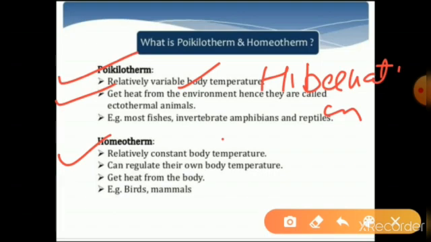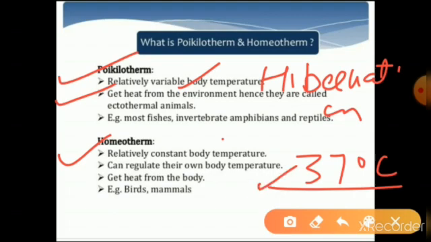And next, we human beings, mammals and birds, we are homeotherms. Homeo means same, therm means temperature. Our body temperature remains constant, it doesn't change with the environment. We can regulate our own body temperature. Like we human beings, हमारा body temperature it always remains 37 डिग्री सेल्सियस. चाहे environment में temperature 50 डिग्री सेल्सियस तक हो रहा है और winters में temperature माइनस तक चला गया है, but our body temperature it remains 37 डिग्री सेल्सियस.